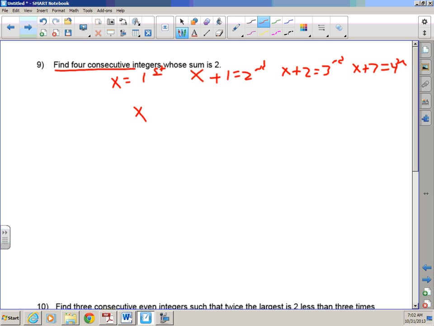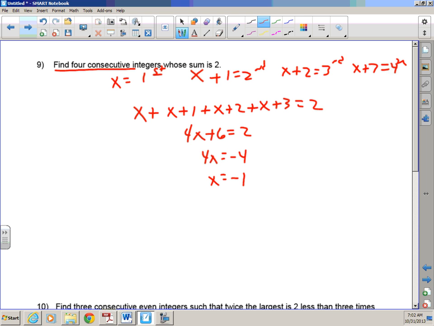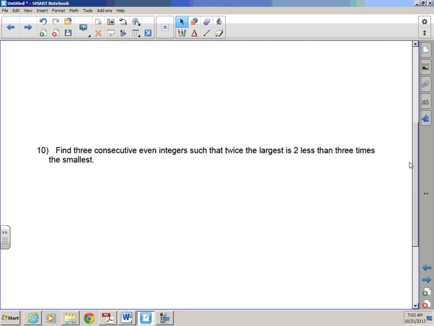We got a lot of x's flying around here. The sum is 2. Does seem a little weird, but that's okay. 4x plus 6 is 2. 4x equals -4. X is -1. So my integers are -1, 0, 1, and 2. And you see if you add them up, they do come to 2.